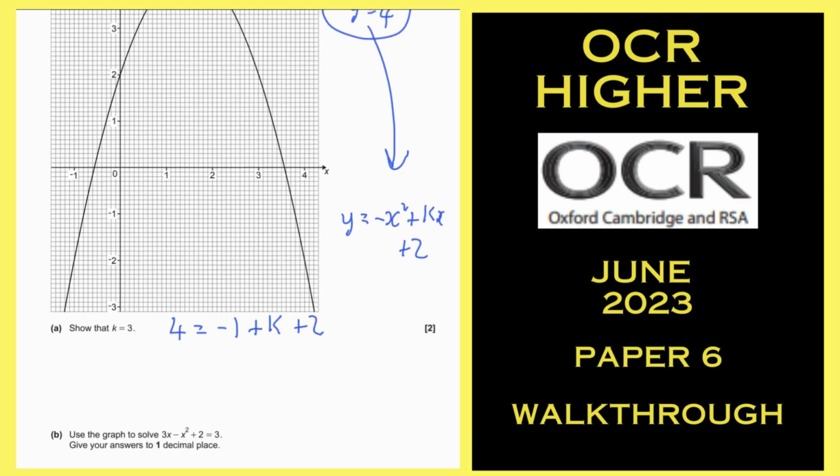And you're nearly there. You've earned a mark for method. You now just need to finish off the job. If you add 1 to both sides, subtract 2 from both sides, you end up with, as asked for, k equals 3.